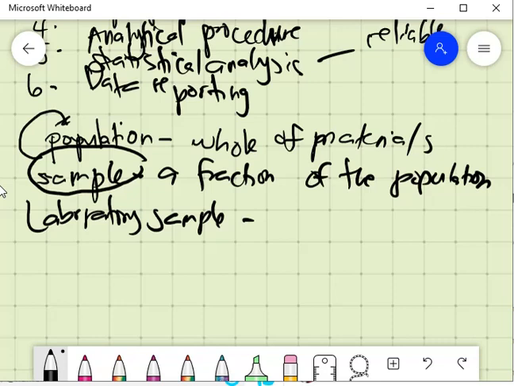So actually, class, in the real industry, their salt is usually in sacks, so they stab the sack and then get samples from different parts, okay? But it depends on the sampling scheme, as long as it has to represent the whole population.